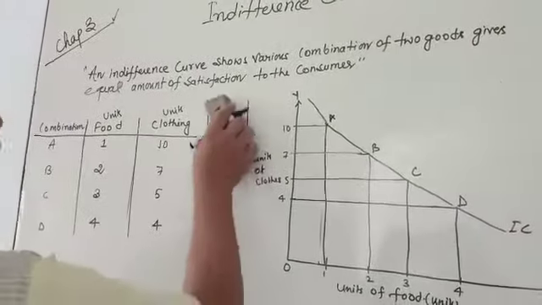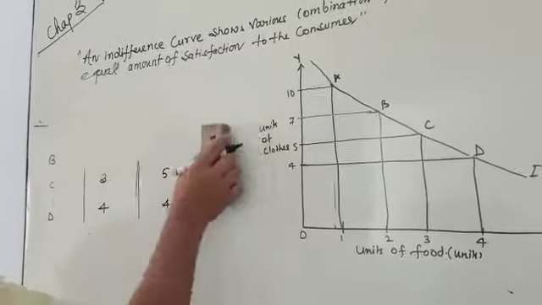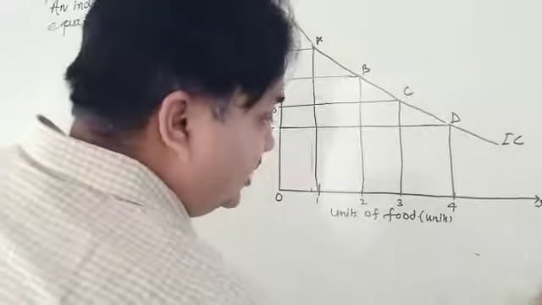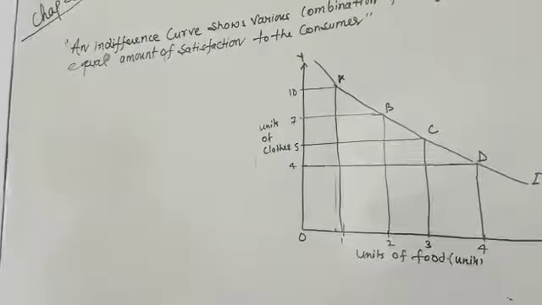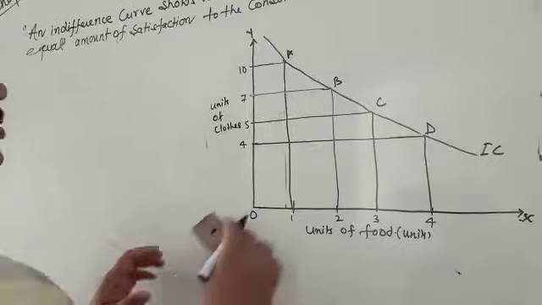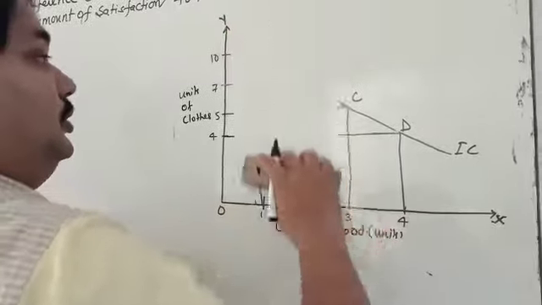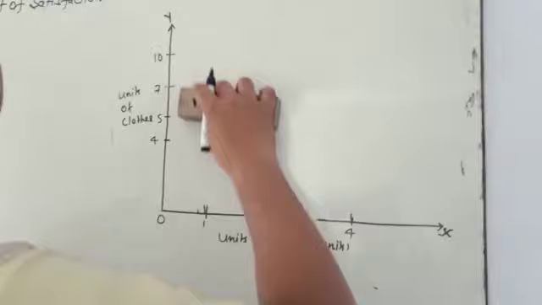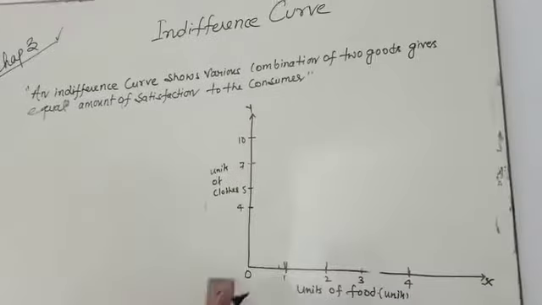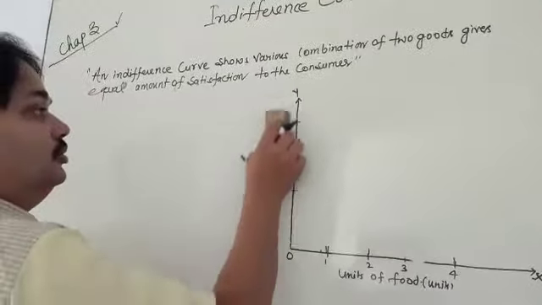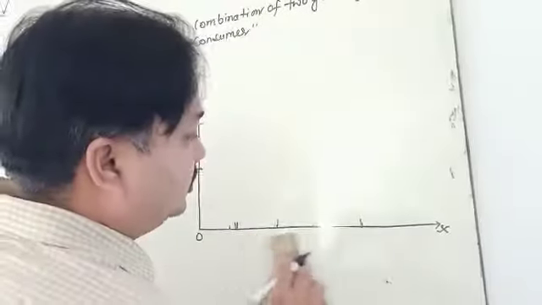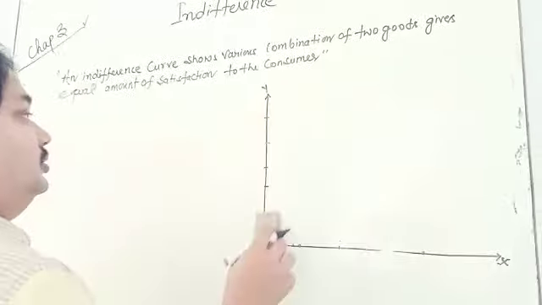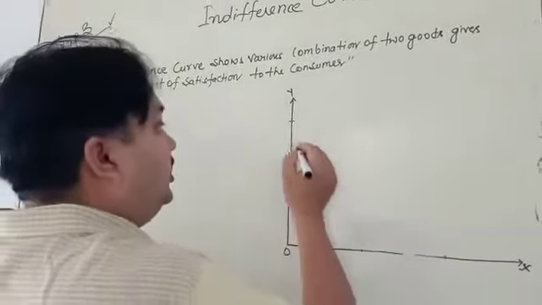Come to the IC map. What is an IC map? An IC map means there are various IC curves. It is simple. I am going to draw various combinations of indifference curves.